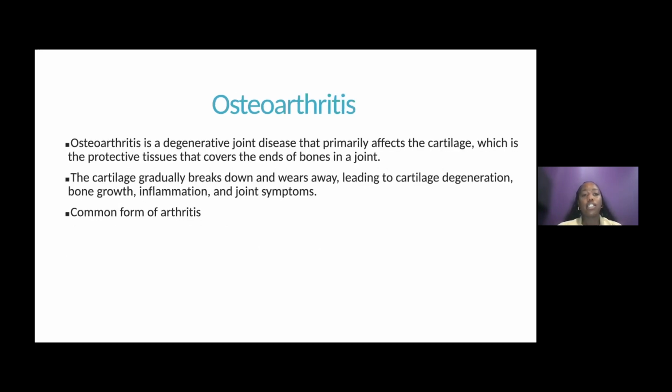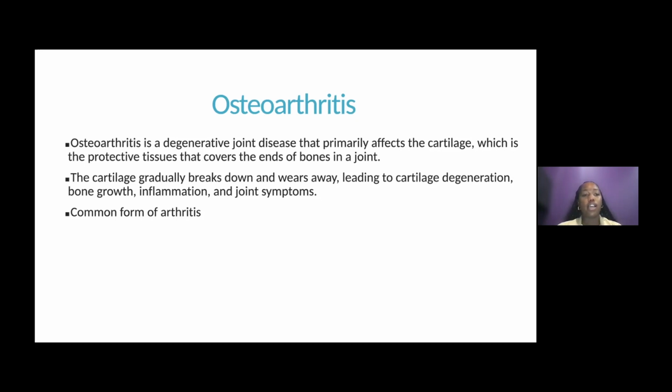Osteoarthritis is a degenerative joint disease that primarily affects the cartilage. That is the protective tissue that covers the ends of bones in a joint. So the cartilage gradually breaks down and wears away, leading to cartilage degeneration, bone growth, inflammation, and joint symptoms.